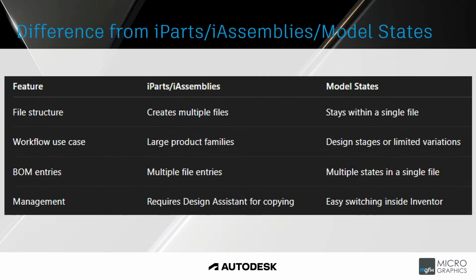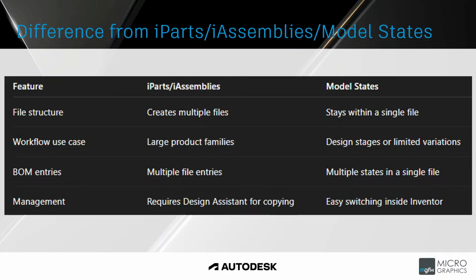Some of the differences between iParts, iAssemblies, and model states. If we look at the feature, for instance, the file structure, iParts and iAssemblies create multiple files, but model states stay within a single file. Your workflow use cases, iParts and iAssemblies, you've got your large product families, and in model states, you've got your design stages or limited variations.